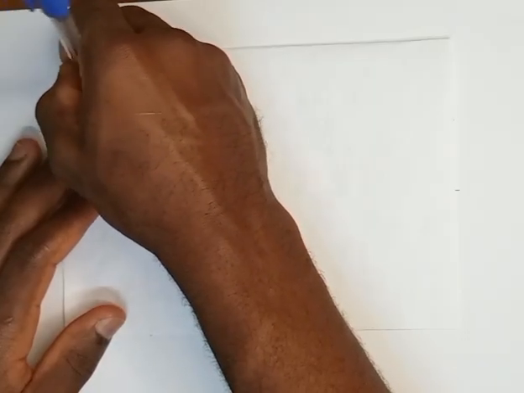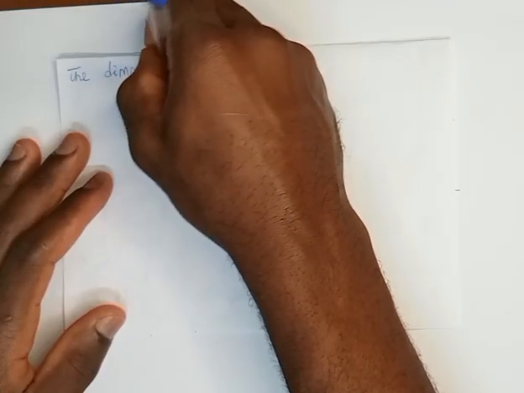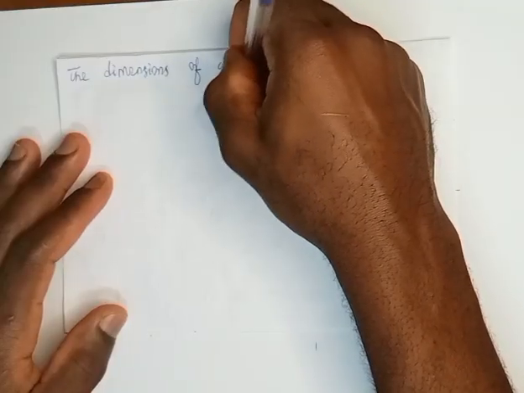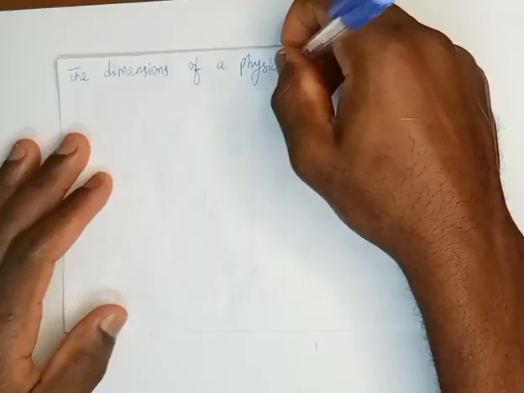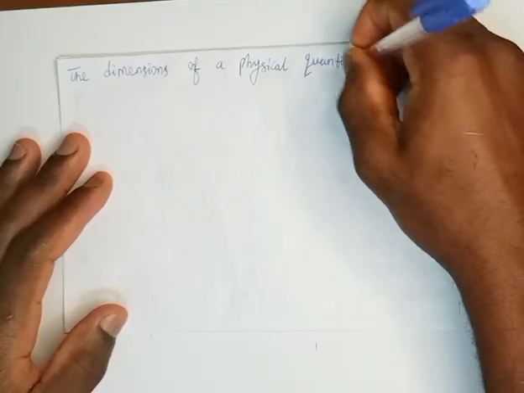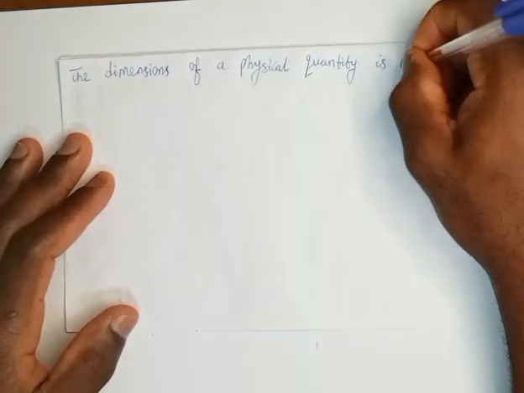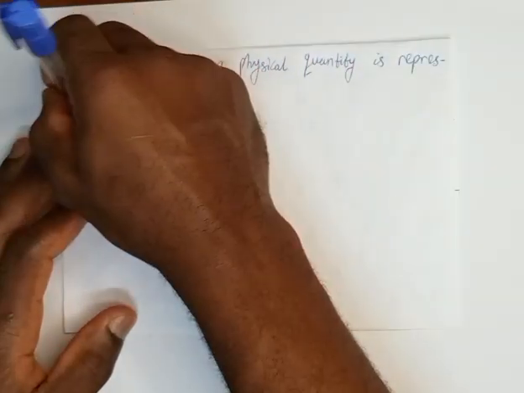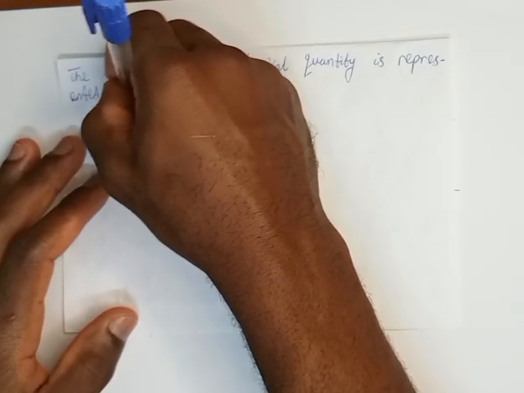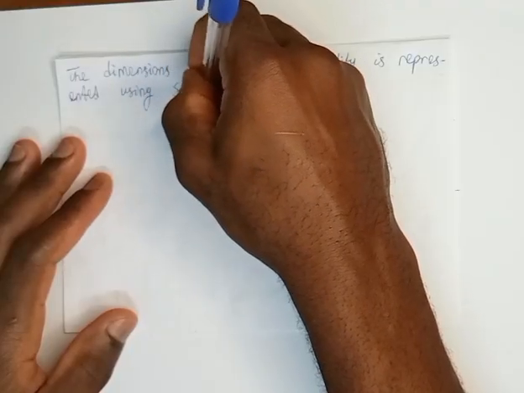Take this down: the dimensions of a physical quantity is represented using square brackets.